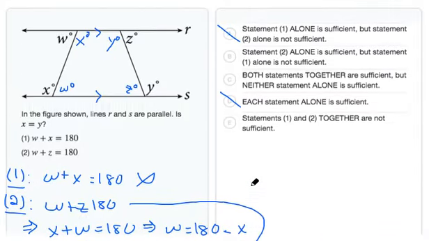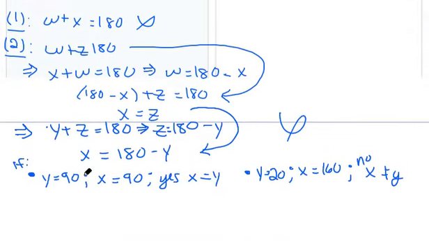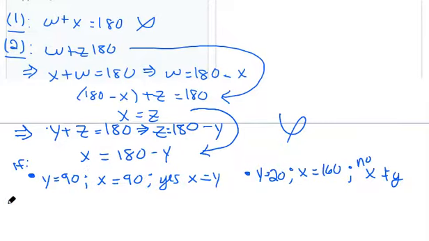If we scroll back up, we can eliminate answer choice B because statement 2 alone is not sufficient. Our last resort to choose between C and E is to decide whether statements 1 and 2 together are sufficient. So let's scroll down a little bit and consider putting our statements together. Statement 1 wasn't actually any new information.